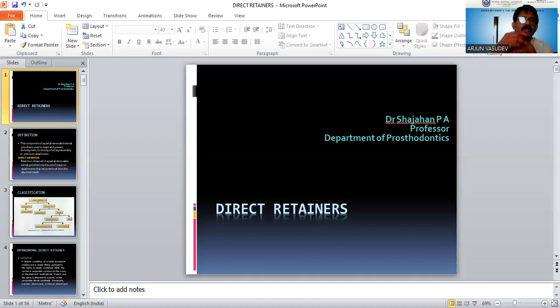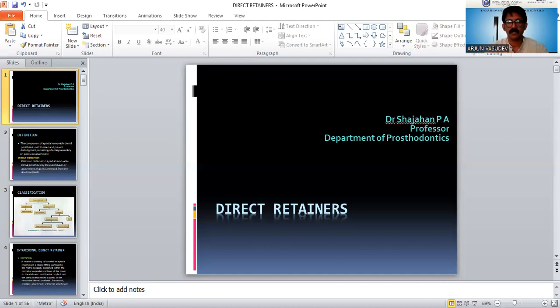Requirements of clasp. You can see six requirements of a clasp. When you make a clasp, these requirements should be met: retention, stability, support, reciprocation, encirclement, and passivity. The retention is the quality inherent in the denture that resists the vertical forces of dislodgement.